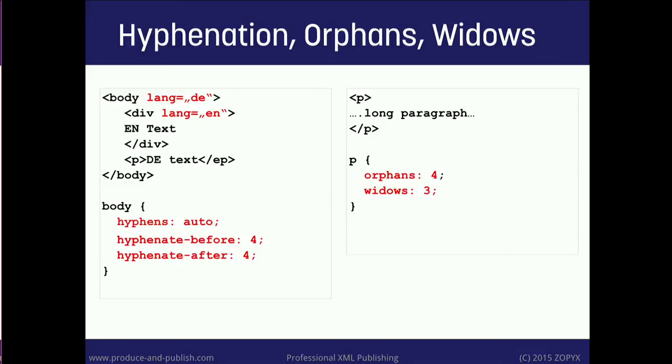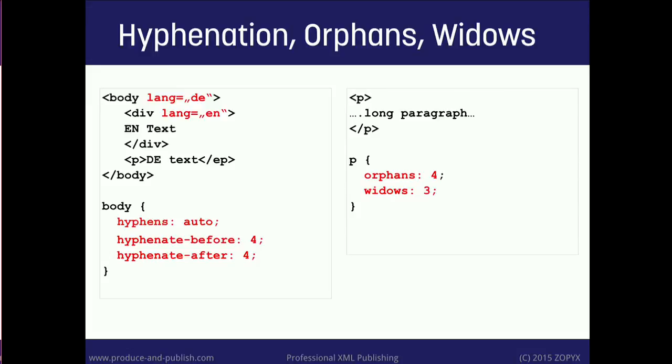Also, from the typographical point of view, the handling of hyphenation is interesting. All tools support hyphenation in the most common languages. The standard is that you put a lang attribute on some element.